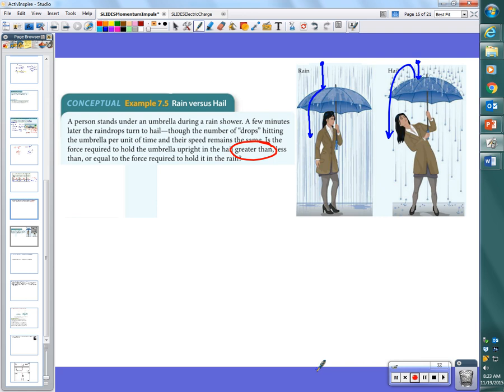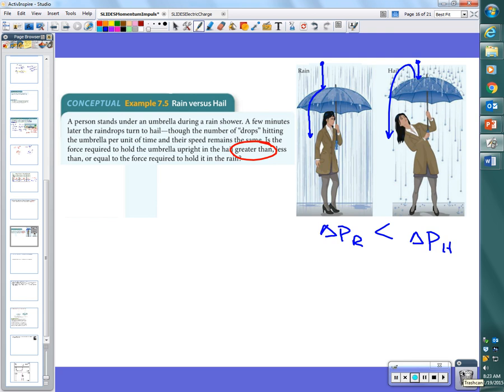Does that make sense? So in here, the change in momentum of the hail is greater than the change in momentum of the rain.